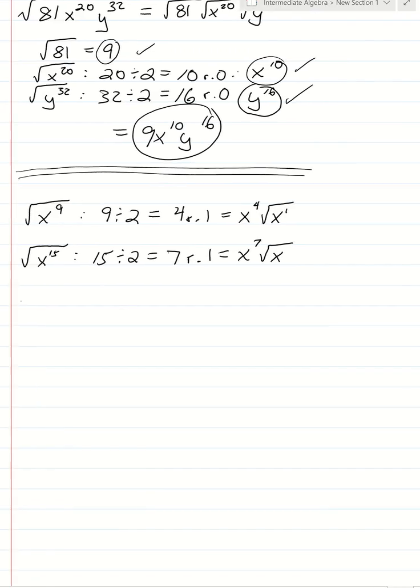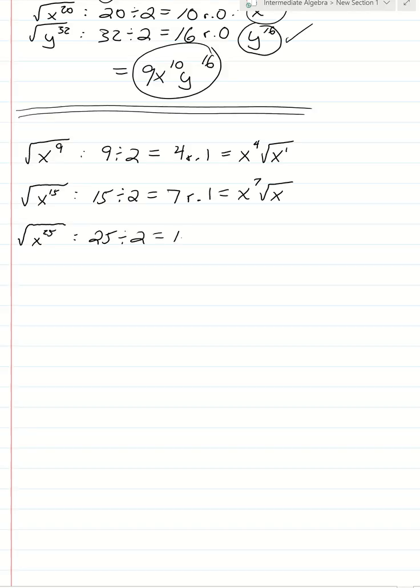Let's try another. Let's take the square root of, maybe, x to the 25th power. Don't be alarmed by the 25 being a perfect square number. Here, 25 is acting as an exponent. So once again, we take that exponent of 25 and divide it by the root index, which is understood to be 2. 25 divided by 2 goes 12 times with a remainder of 1.